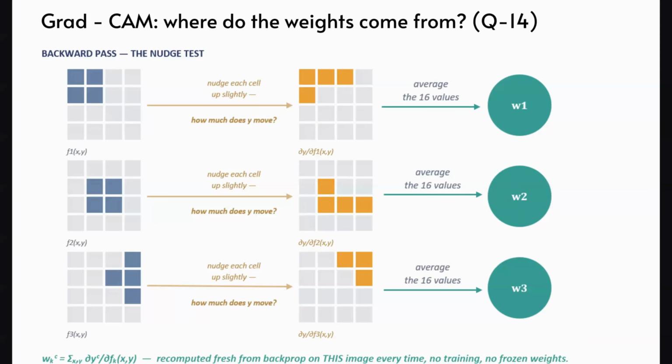And it does this for every single cell, gets the gradients, and then averages them to get the weight, instead of actually having the average pooling layer. So the main idea is, instead of using the GAP layer to average the activation, you just see how sensitive the activations are to the output and directly use those sensitivities as weights.